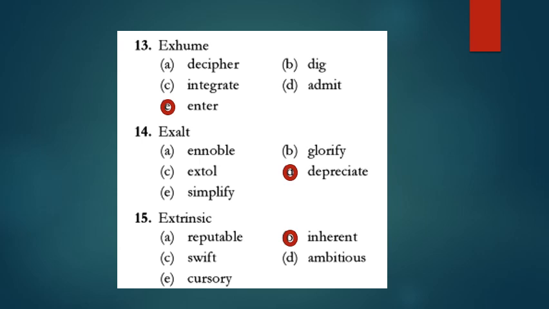Exalt means praise, glorify. So that's what ennoble, honor, dignify, extol, praise mean. So the opposite will be depreciate. Extrinsic, external. And the opposite of that will be inherent. What does cursory mean? Not detailed, hasty. So exhume, inter, exalt, depreciate, and extrinsic, inherent.